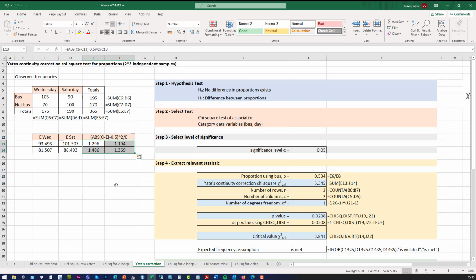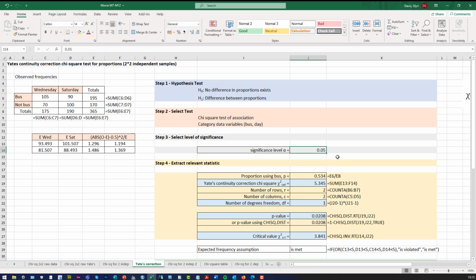Exactly the same as when you do a normal crosstab contingency table chi-squared calculation. If you do that, the Yates continuity correction chi-squared value is 5.345. The p-value is 0.02, which is still less, obviously, than the significance level of 0.05.